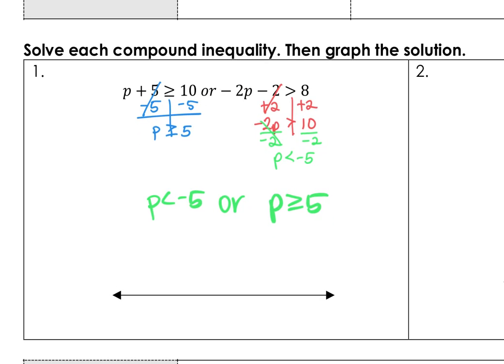And then when we graph that, it will make sense because we'll have -5 on this side of the number line, and then I'm just going to put 0 and 5. Make it nice and easy. On -5, since this is just a less than sign, that circle is going to be open and will shade to the left. And then since this is a greater than or equal to on 5, we will close that circle and shade to the right.